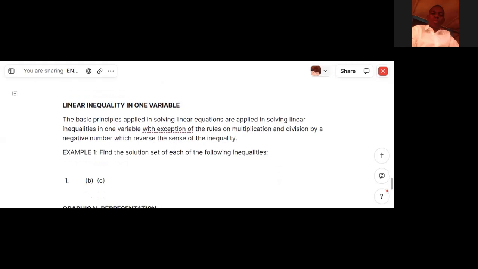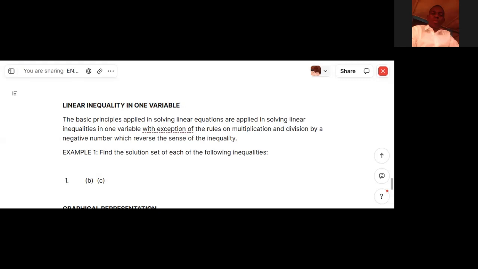So the basic thing you should understand is that the basic principle applied in solving linear equations, a lot of us have done a lot on linear equations, also applies here in solving linear inequalities in one variable, with just the slight exception of the rules on multiplication and division by negative numbers, which reverses the sense of the inequality.